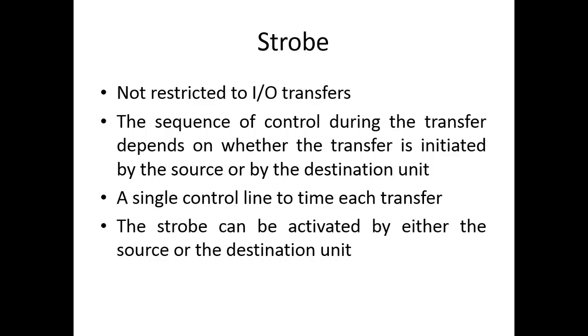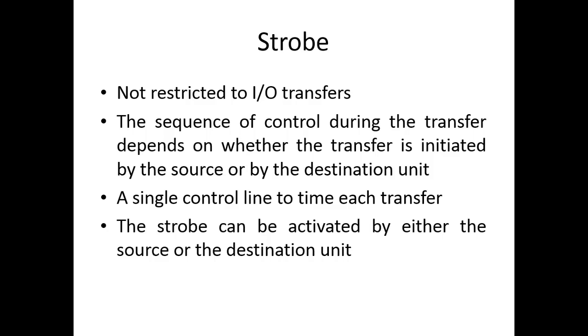We can have a timing diagram to depict the asynchronous transfer between two independent units. The sequence of control during such transfer depends on whether the transfer is initiated by the source or by the destination unit. To implement the Strobe control method of asynchronous data transfer, a single control bus is used to transfer the control signals.